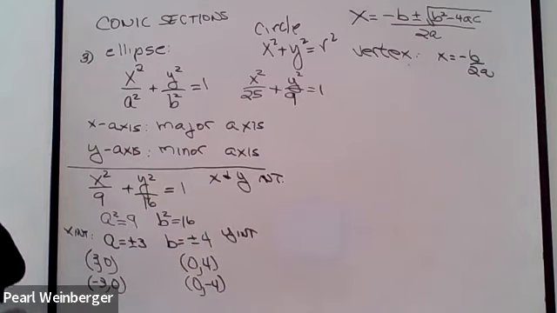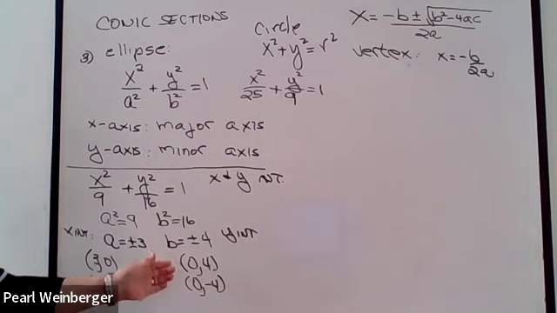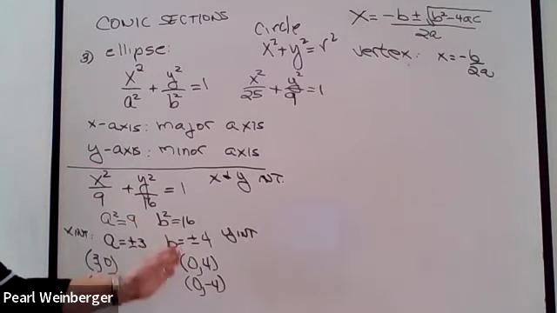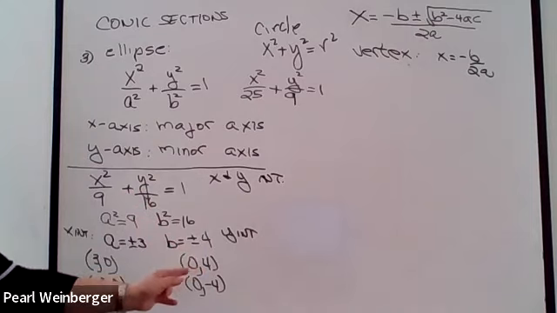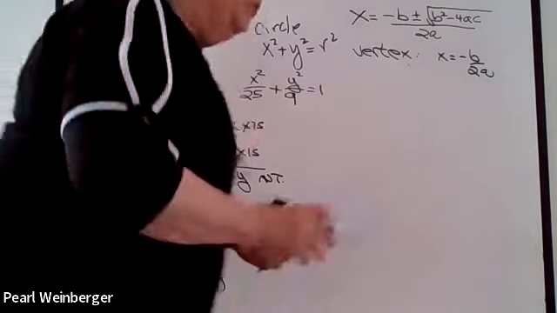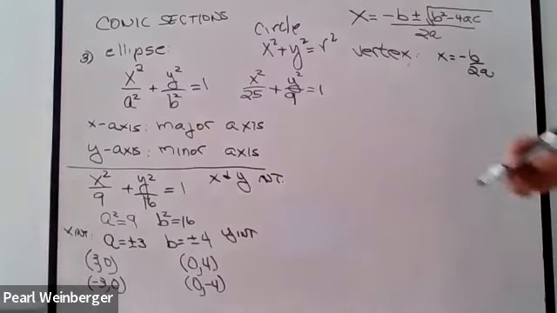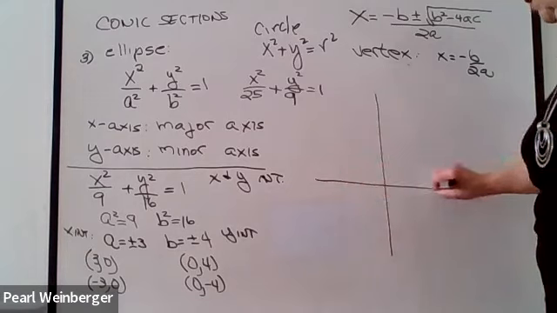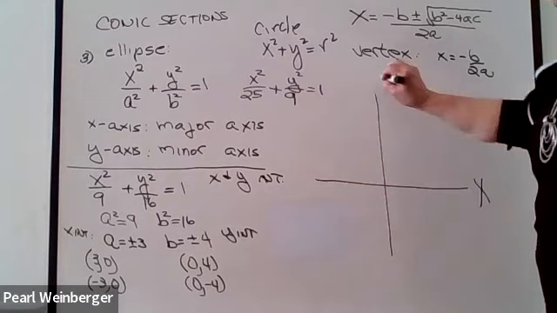Sometimes they will let you get away with just saying the number. Sometimes though, especially on a multiple choice question, they might write the answer as points. If they ask, what's the y-intercept, the x value on the y-axis is 0, so the y-intercepts would be (0, 4) and (0, -4). I didn't ask you to do this, but now we're going to sketch this.